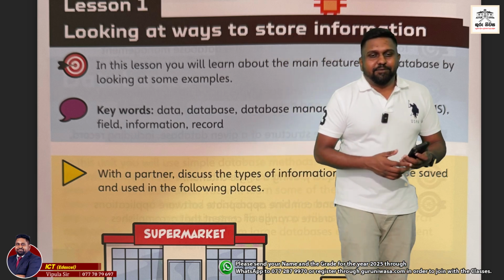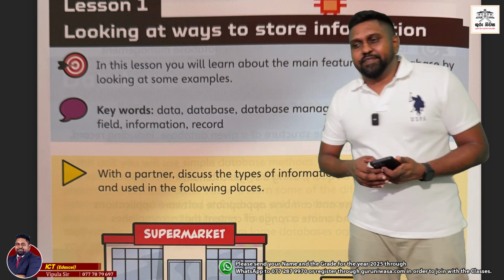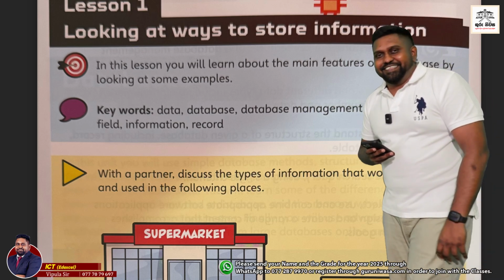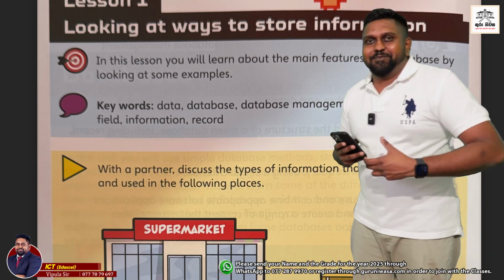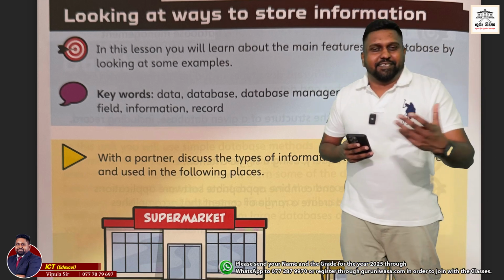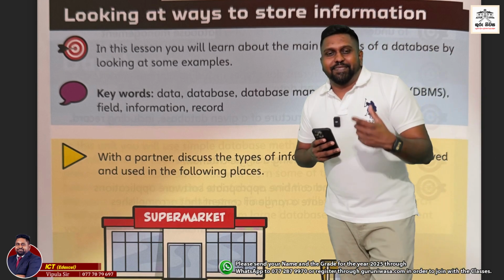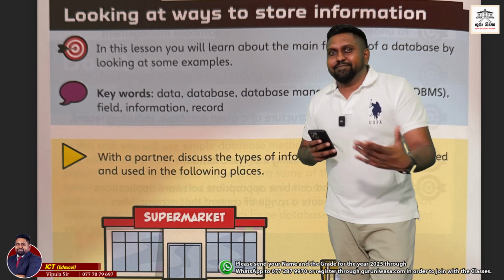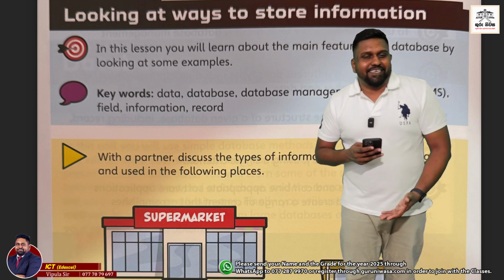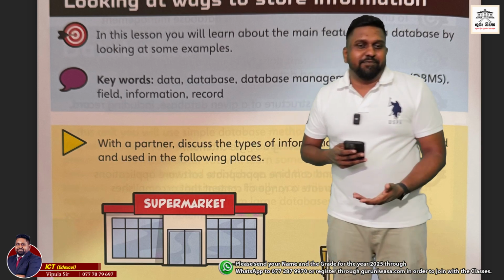In this lesson, we will be looking at different ways of storing information. There are many ways we can save a word or something, and we will learn these ways. So, the different ways you can store the information.